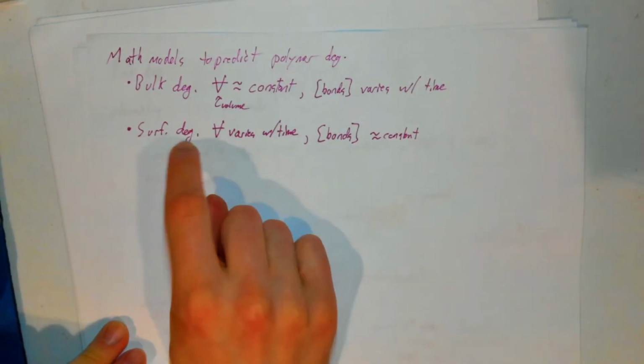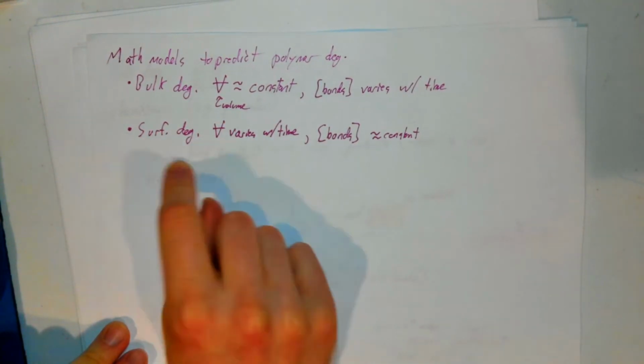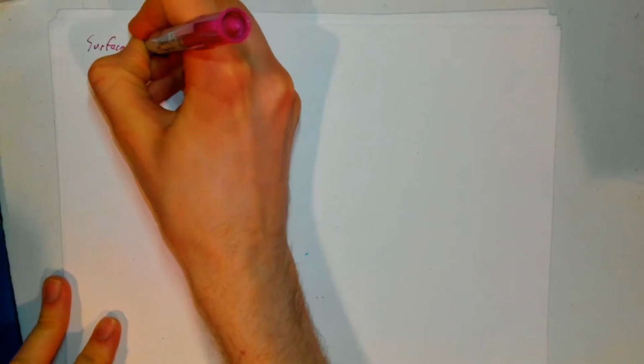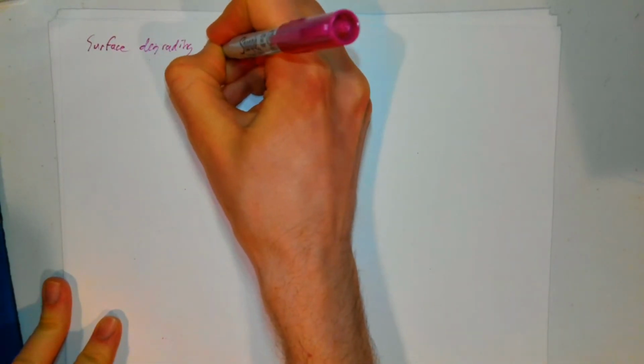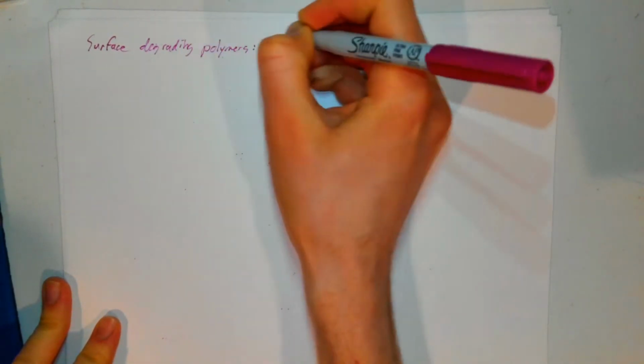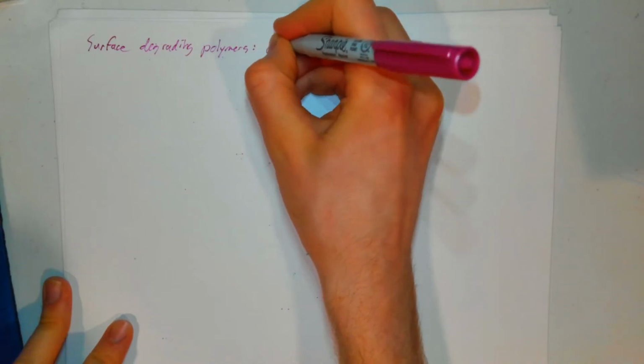Well, not via bulk degradation, but it turns out that via surface degradation, we might be able to have a different drug release profile. So surface degrading polymers have a different release profile.